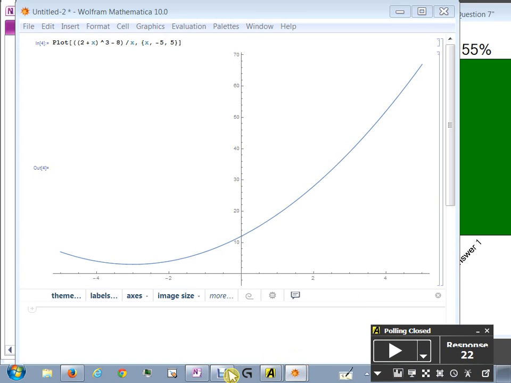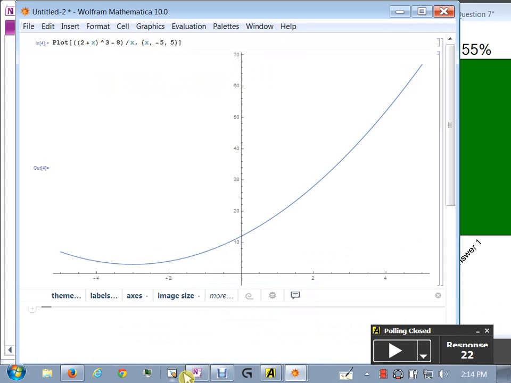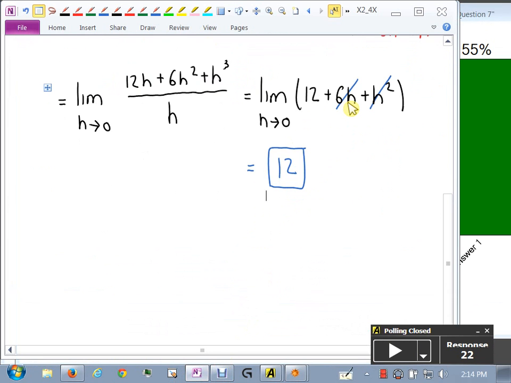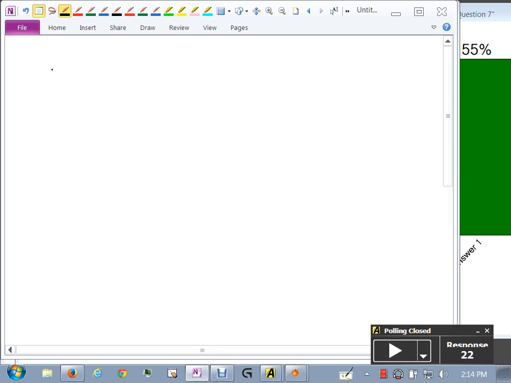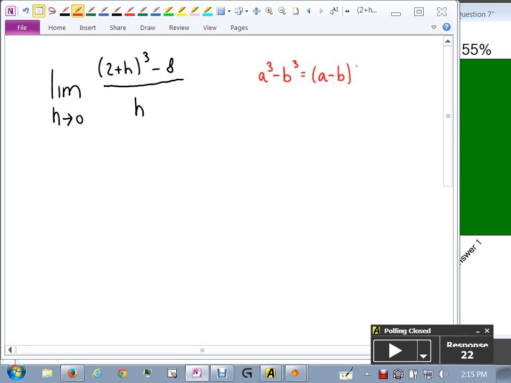So here's the other way. The other approach, I'll just start a new page. Limit h goes to 0, 2 plus h cubed minus 8 over h. What I would need to use is this. If you have a cubed minus b cubed, this is a minus b times a squared plus ab plus b squared.